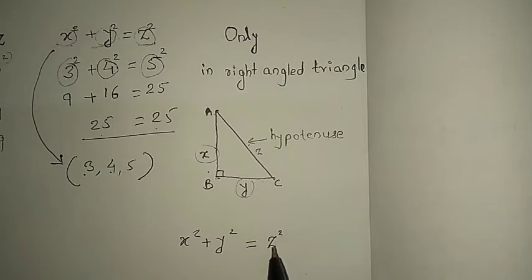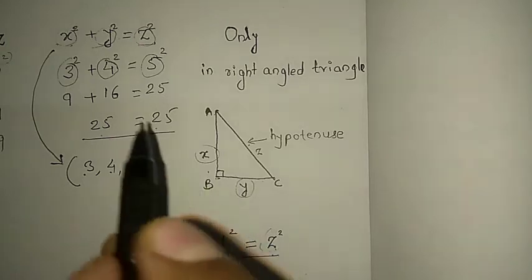Means the greatest side hypotenuse square equals the sum of the squares of the remaining two sides. This is called Pythagoras theorem. And the solution for x, y, z, means the values of x, y, z, are called Pythagorean triplet.